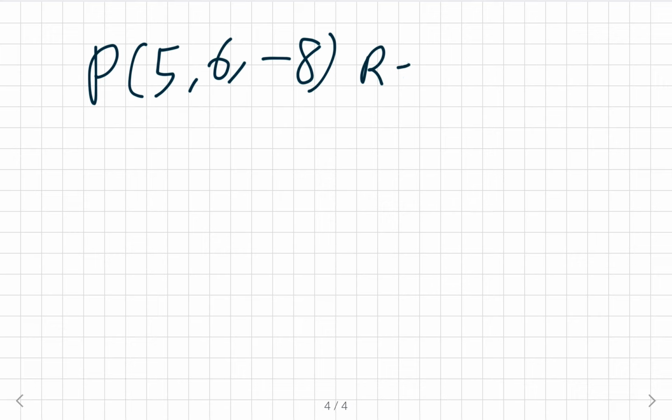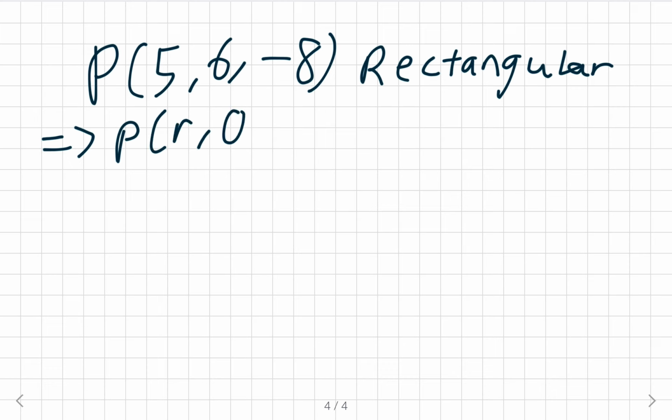So let's try another example. Let's try to convert 5, 6, negative 8 into cylindrical coordinates. So we already know z equals negative 8. So let's write the format of the cylindrical coordinates first.